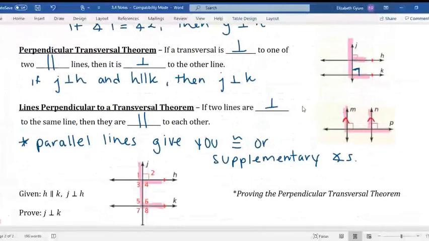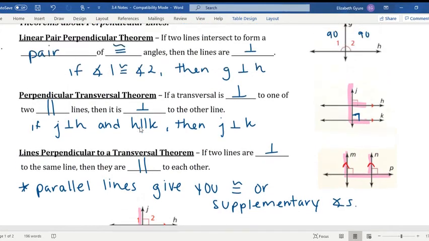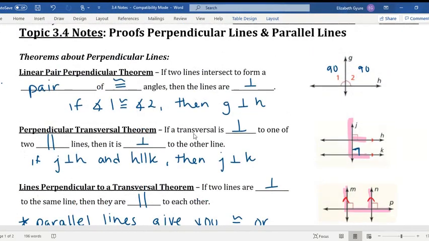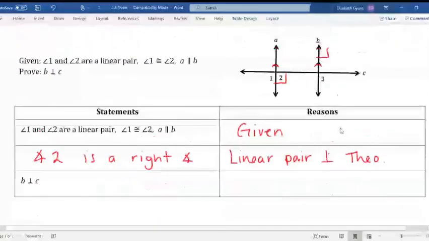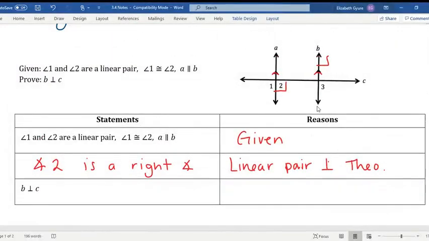If you look up here, this one: if a transversal is perpendicular to one of two parallel lines, then it's perpendicular to the other one. So I actually have enough here because aren't these two lines parallel? Isn't it perpendicular to one? So won't it have to be perpendicular to the other? Yeah, that's actually just our theorem.